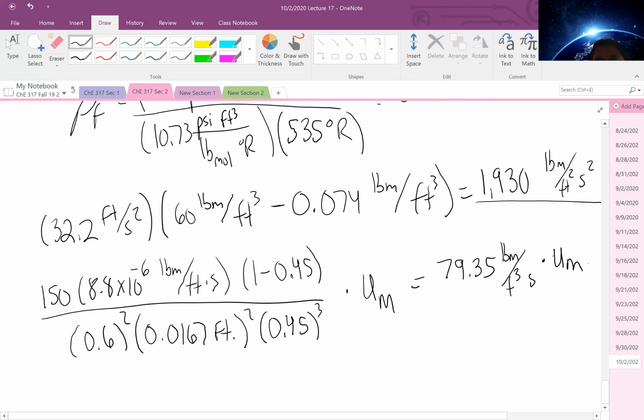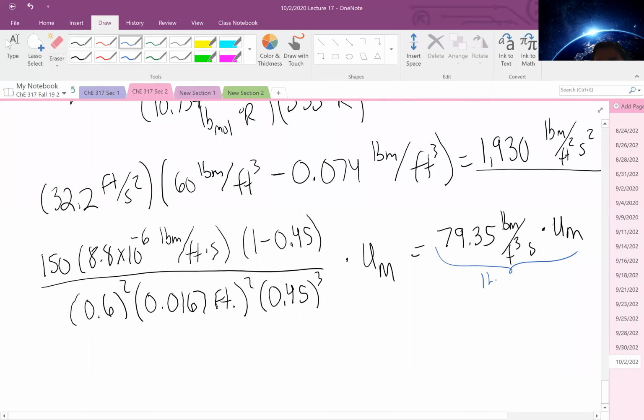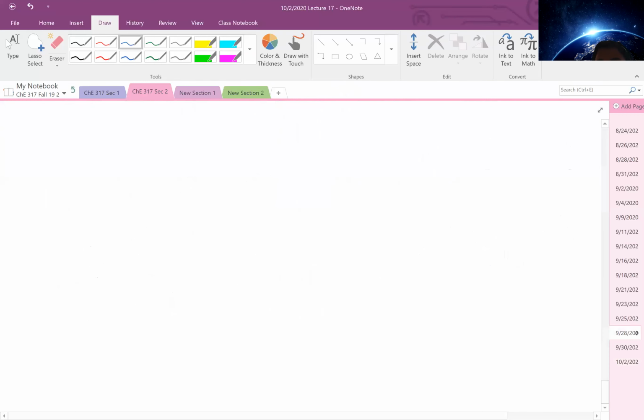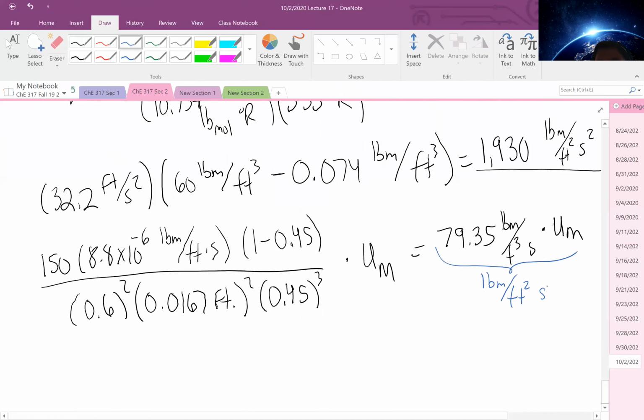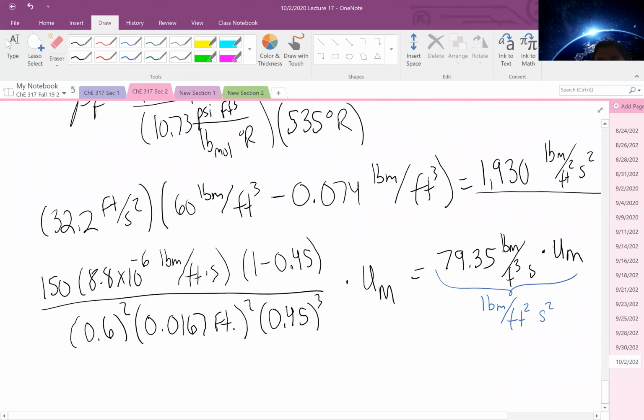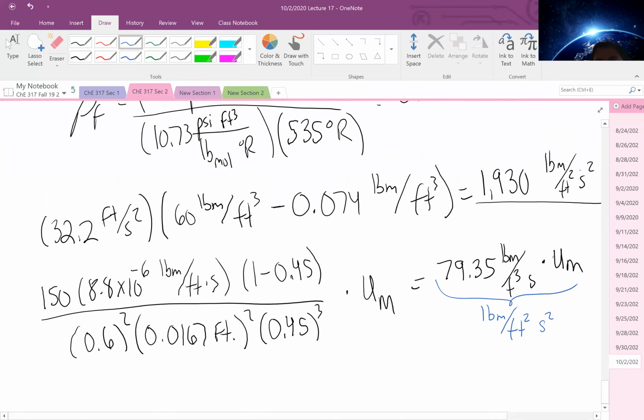Now u sub m is in feet per second. So if I look at the product of this, I end up with pound mass per feet squared second squared, which is the same units as the term that I have above.